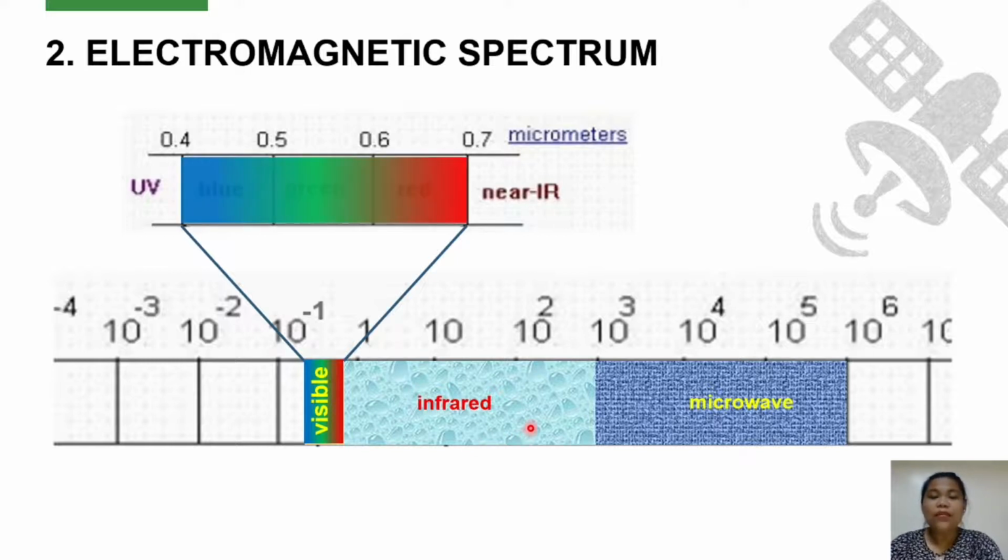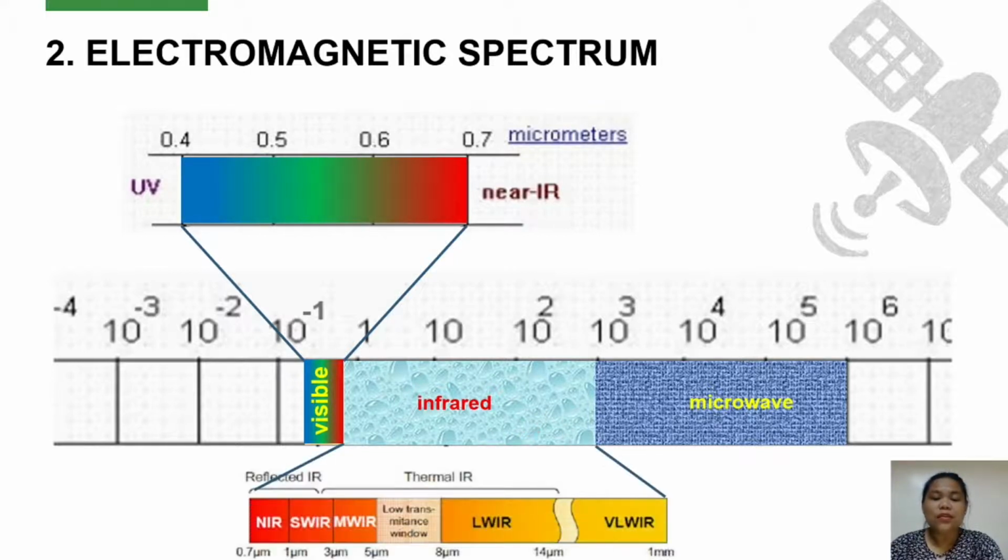Likewise, the infrared region is also divided into three. We have the near infrared region, the middle infrared region, and the thermal infrared region. In other books, the thermal infrared region is part of the far infrared region, which also includes the very long wave infrared region.